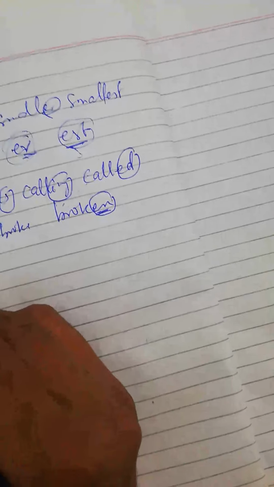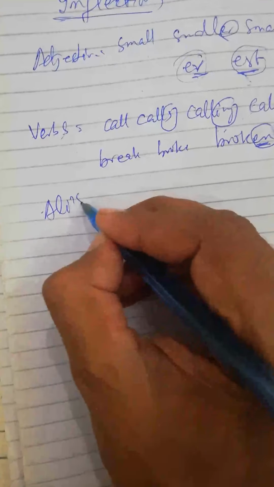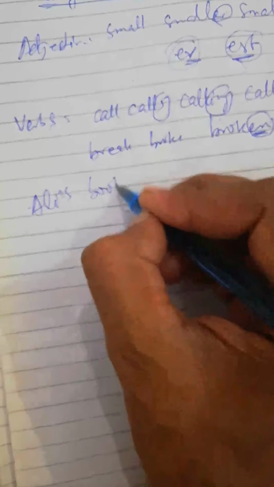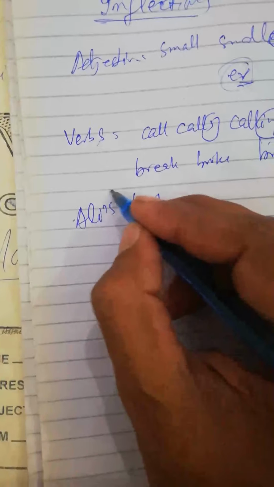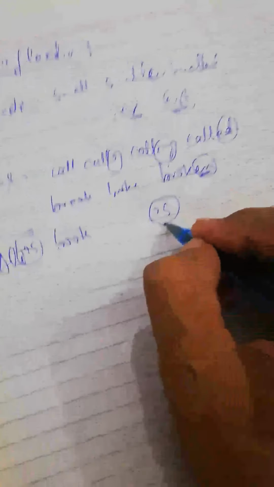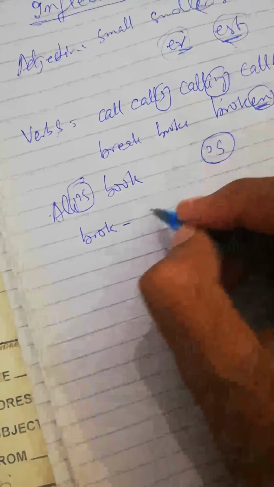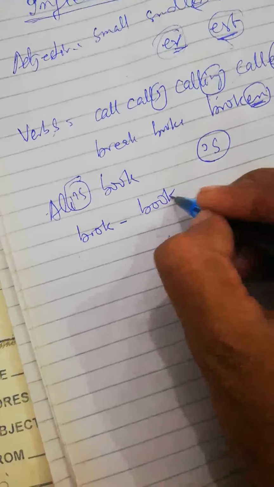One inflection, let's say Ali's book. Now this apostrophe and s shows the possessive case. So this is used with nouns. Another s is used with another noun, let's say book, books.